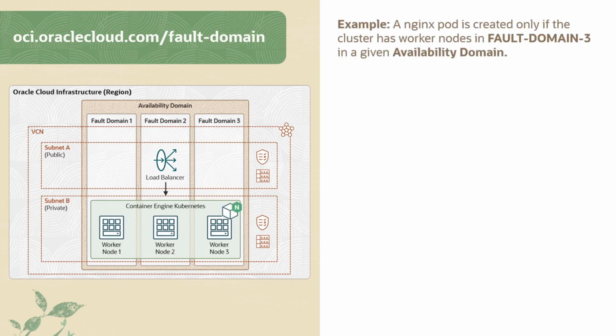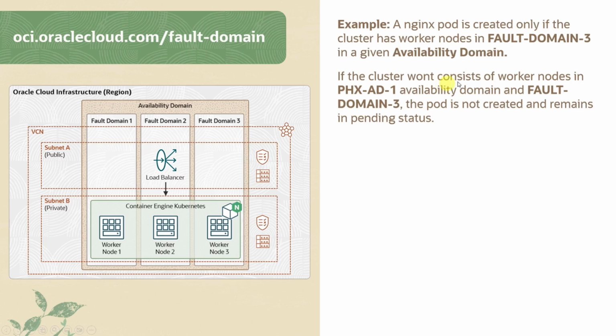Now let's walk through a practical example to solidify our understanding. Consider a deployment having a definition for an Nginx pod that is configured to be created only if the cluster has worker nodes in fault domain 3 and in the given availability domain, that is PHX-AD1 in our case.